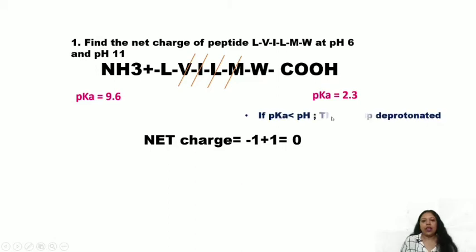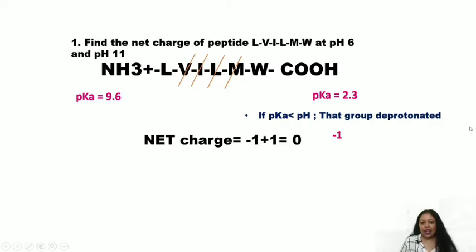We have discussed in the second slide that if pKa is less than pH, that group is deprotonated. Here the pKa of COOH is 2.3 while the pH is 6, meaning pKa is less than pH, so it will not love its proton, it will give up its proton, meaning that group is deprotonated.